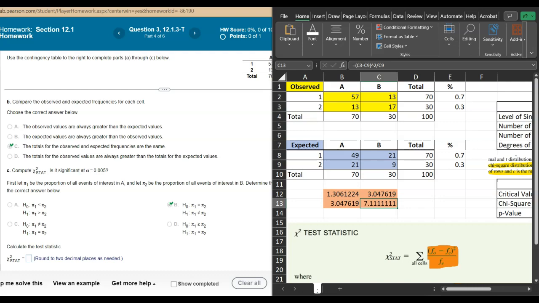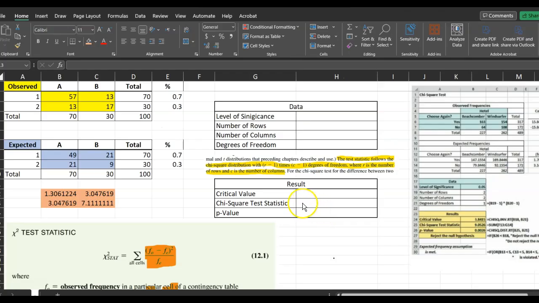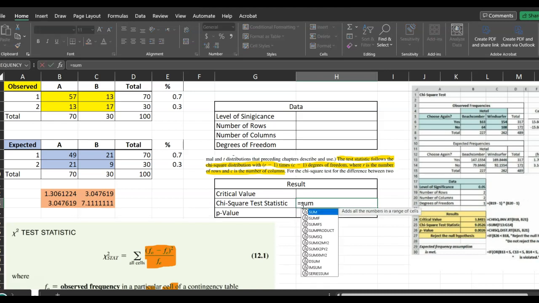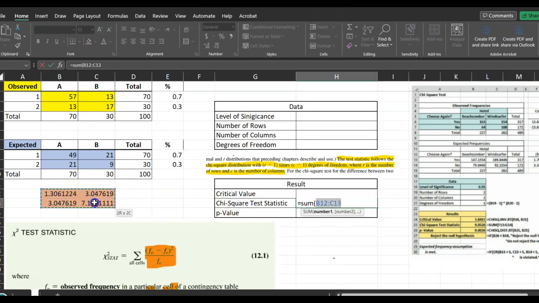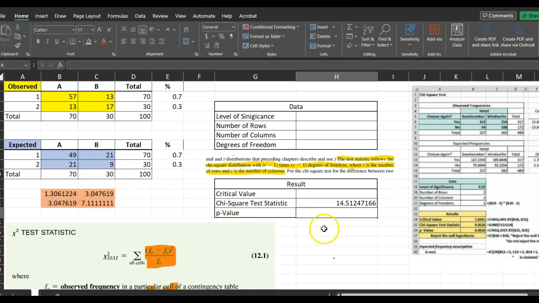So now I want to do the sum. I'm jumping to this table. I'm going to select the chi-squared test statistic, which is the chi-stat I'm looking for. You type the equal sign and SUM, open a parentheses, select all the values here, and enter. So you get 14.51.